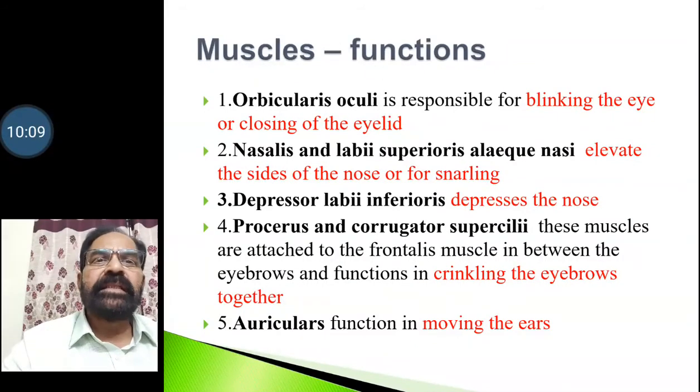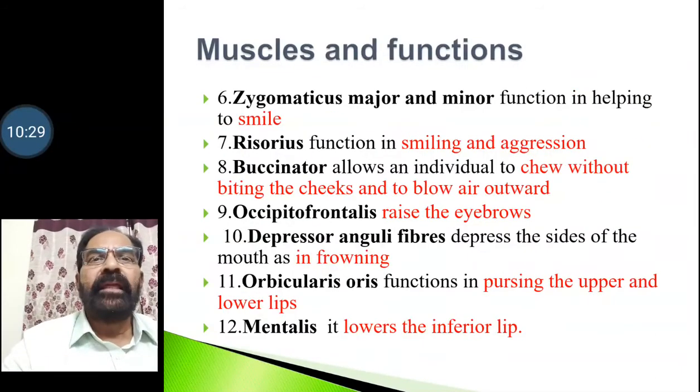The procerus and corrugator supercilii, these muscles are attached to the frontalis muscle in between the eyebrows and function in knitting the eyebrows together. We have auricular muscles that function in moving the ears. Then we have zygomaticus major and minor, which function to help in smile.